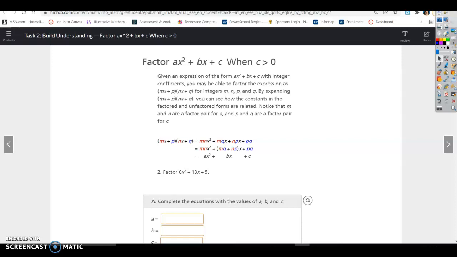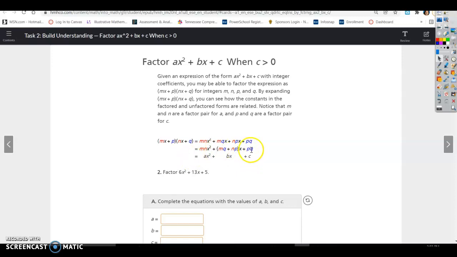Okay, so what they're doing is basically replacing the standard form, which hopefully you will become really familiar with by the end of this year. Ax squared plus bx plus c is a quadratic equation in standard form, and what they're saying with all of these new letters here is if we write this from standard form to factored form, A can be replaced by m and n, B can be replaced by m times q plus n times p, and then C can be replaced by p and q.